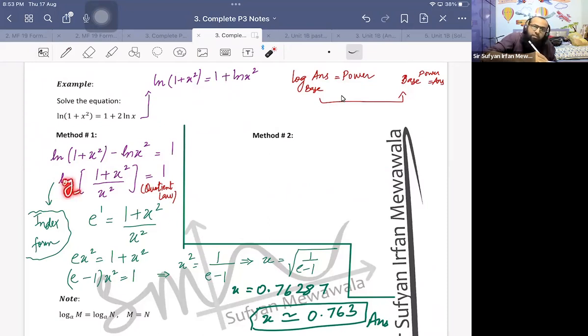E. ln means log to the base of E. So E is the base, and this one is the power. And 1 plus x square upon x square is the answer. So e to the power of 1 is equal to 1 plus x square upon x square.